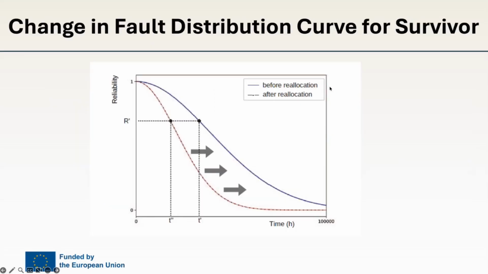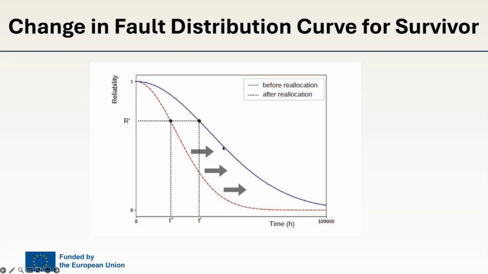So this is how the fault distribution curve for the surviving core changes. Let's say in our case the old core fails. So the core which is younger needs to take over the load. The reliability curve shifts for that particular core, in the middle of its execution, from the old red one to the new blue one.